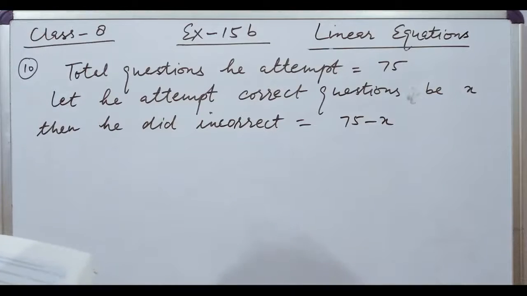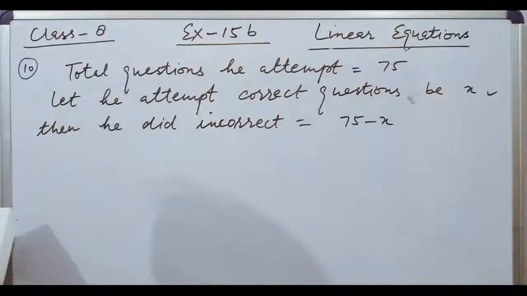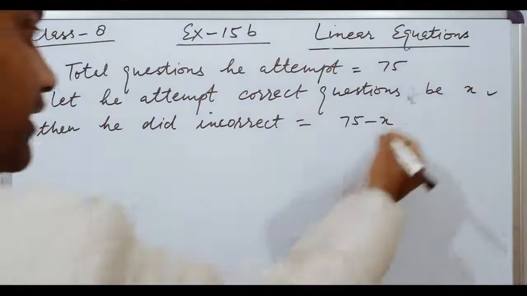Okay, now total he scores, he got 125 marks. A student scores 4 marks for every correct answer, and loses 1 mark for every incorrect answer.